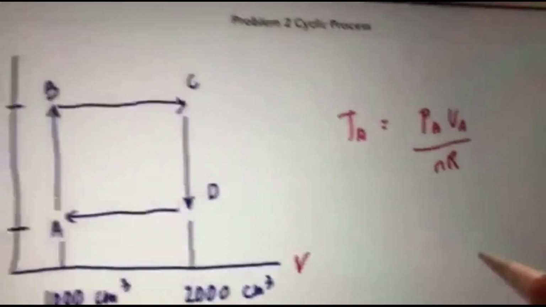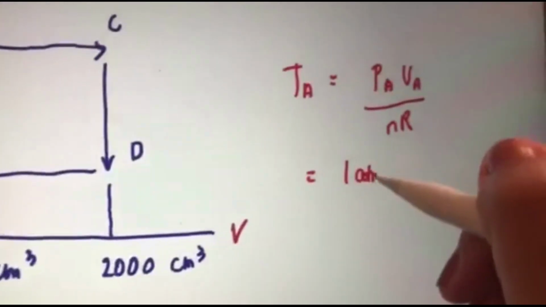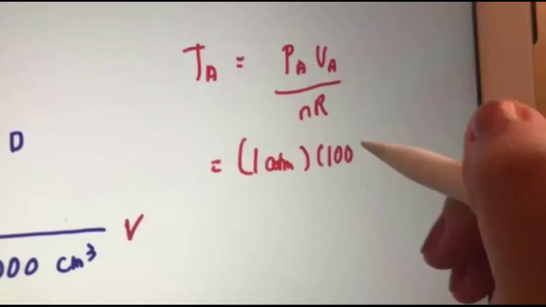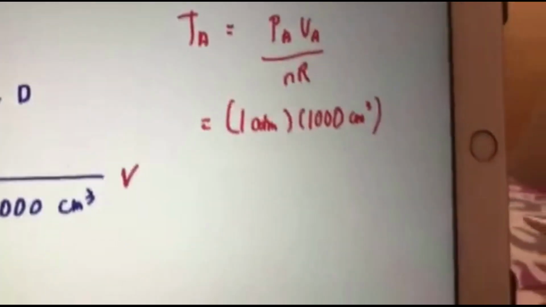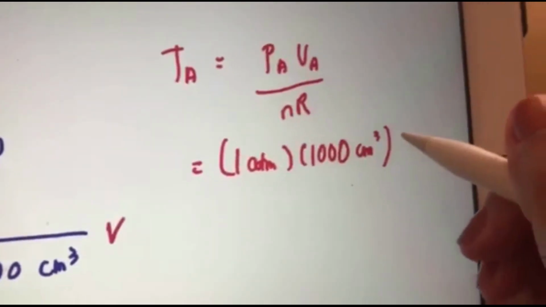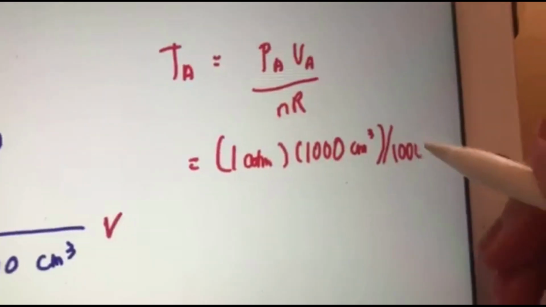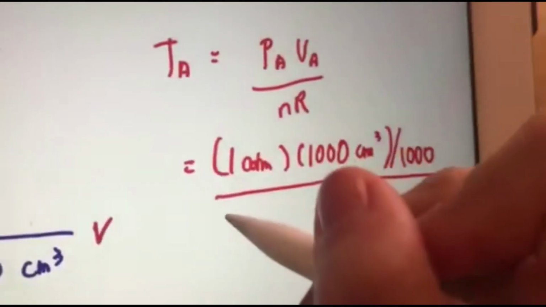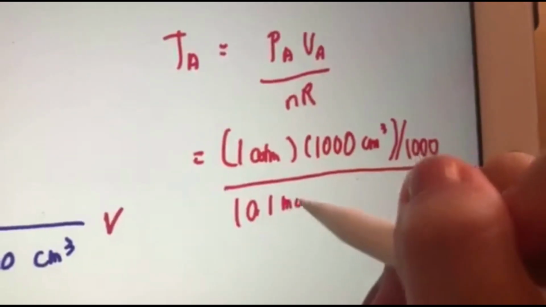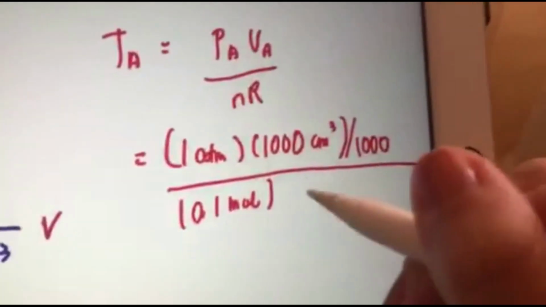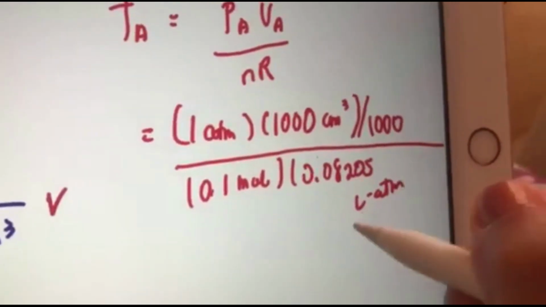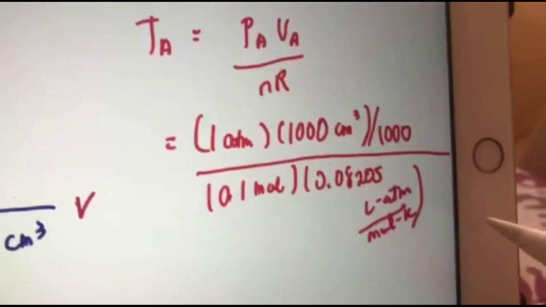Substituting, PA is equal to 1 atmosphere, VA is equal to 1,000 cubic centimeter, so to convert this to liter, divide by 1,000, all divided by 0.1 mole times 0.08205 liter atmosphere per mole Kelvin.